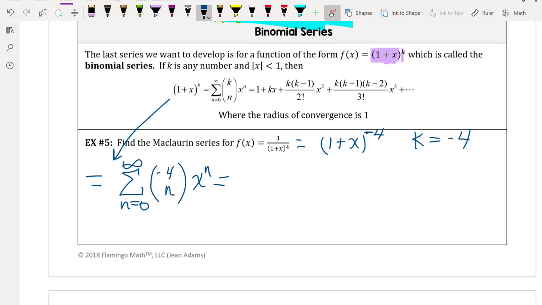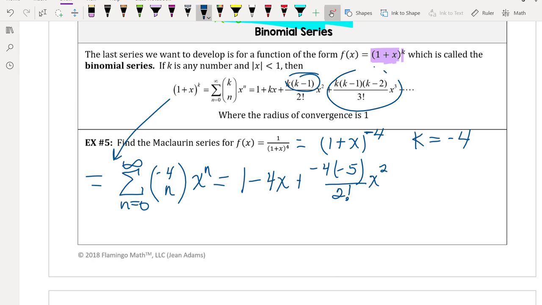So when we write this out, we have 1 minus 4x, and then plus -4, and I'm writing this term now, times -5, which would be -4 minus 1, over 2 factorial times x squared, and then I'll write the third term too.